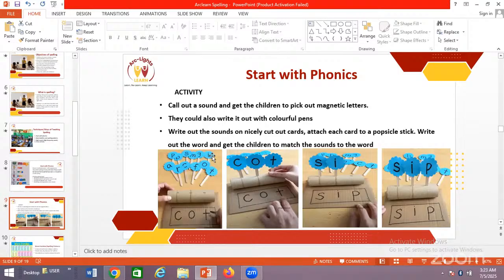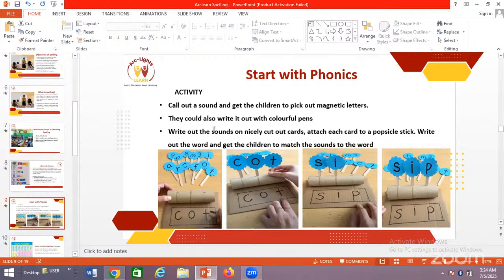There are so many things you can use. If you see the picture on your screen, you see what they use. Just cardboard paper or any sort of paper you have, and normal carton. You can use covers of bottles. You can write words on Lego blocks and just have it in your class. You can do all of this with the children.